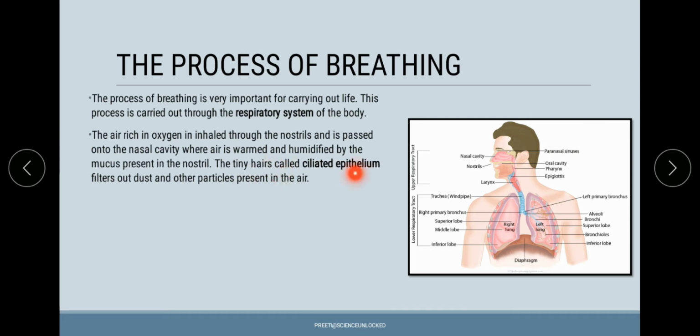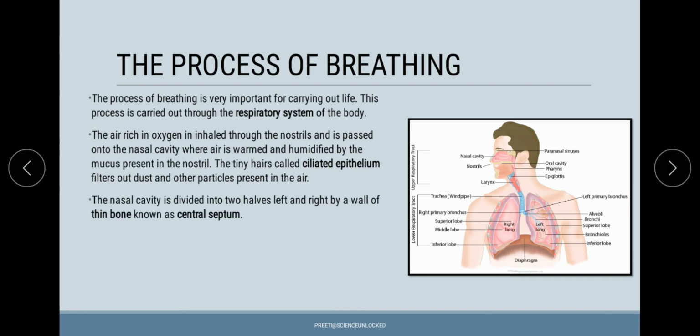The layer altogether is called the ciliated epithelium, because of the hair-like structures inside it. These hairs filter the air and humidify it as it comes into the body, so that it can gel up easily with the body.